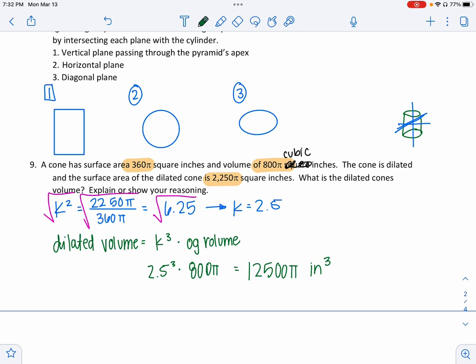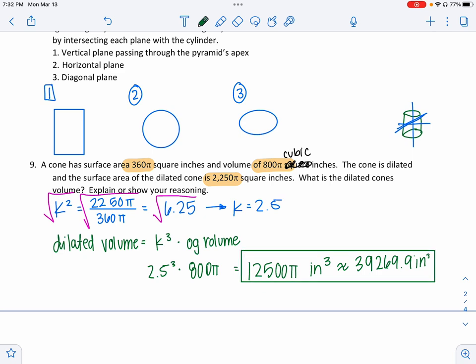So we will get 12,500 pi inches cubed, or that is approximately 39,269.9 inches cubed. Okay, and that's for part 1.